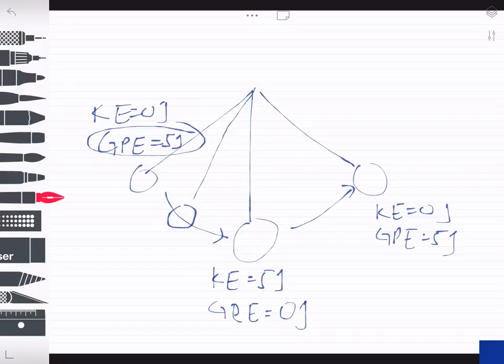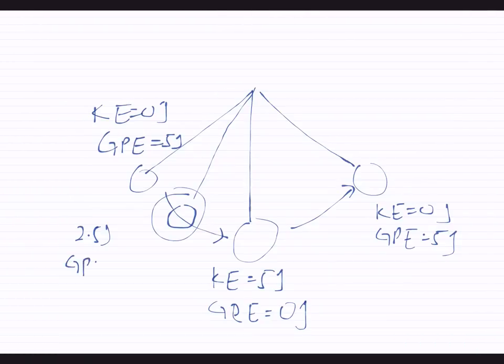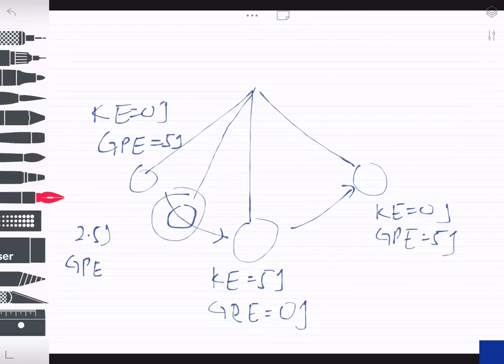Then when you release it, it will be somewhere here. Okay, when it is there, we can say that it has 2.5 joule for gravitational potential energy plus 2.5 joule for kinetic energy, because the total of energy will be 5 joule also.